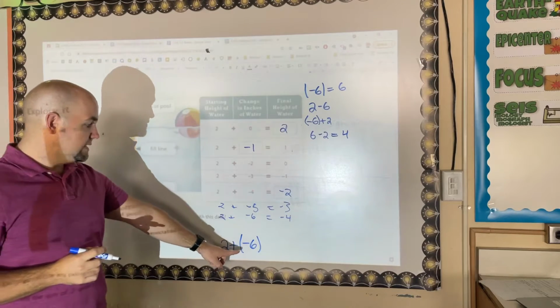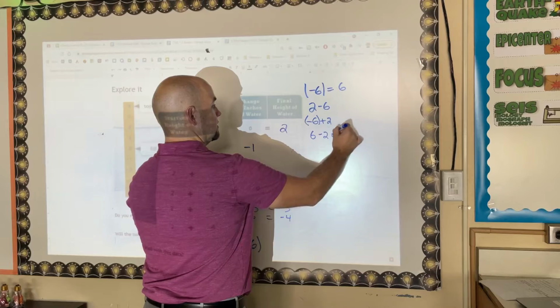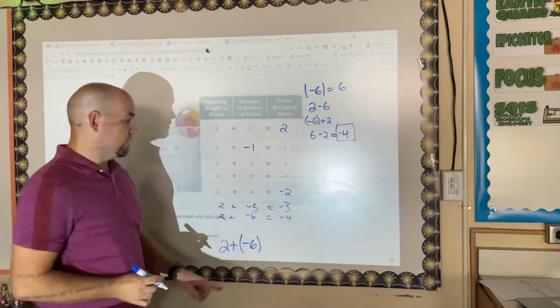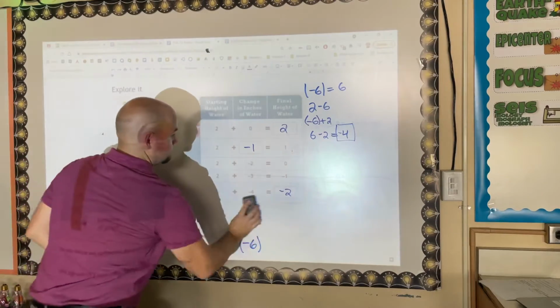And then we come back to it. We take the sign of the larger number in our answer. So negative 4 is our answer there. Okay? Next example.